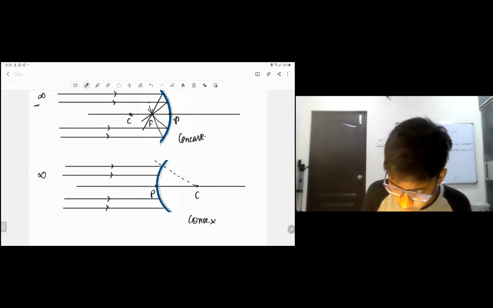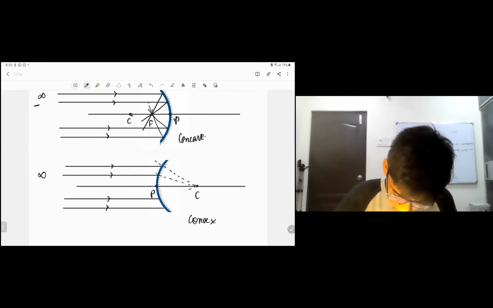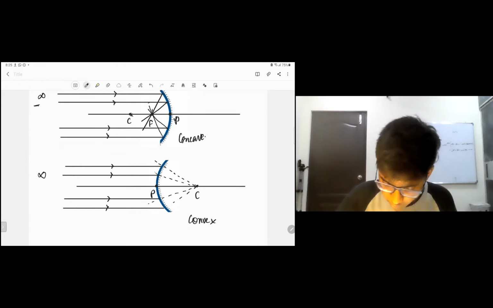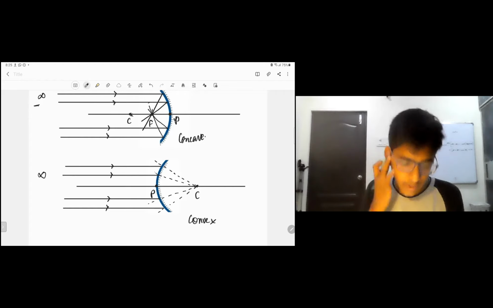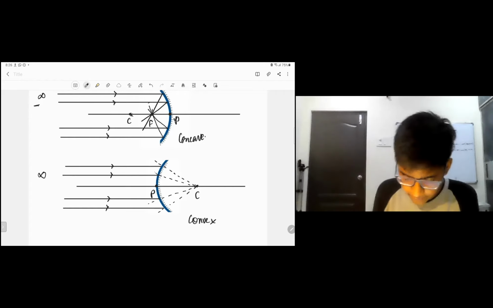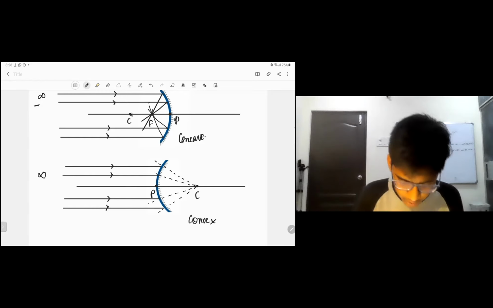So, this will be the normal. This is the normal. Now, when we draw normals like this, what happens? These rays will diverge.